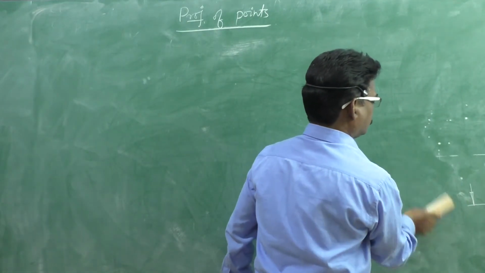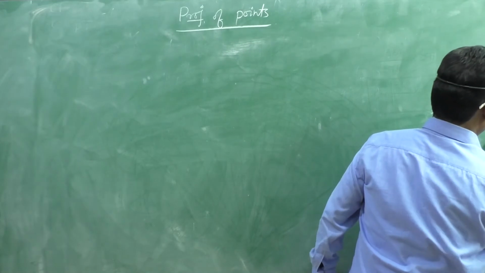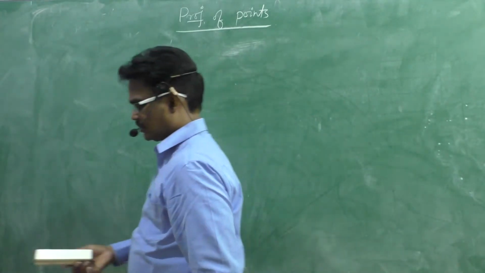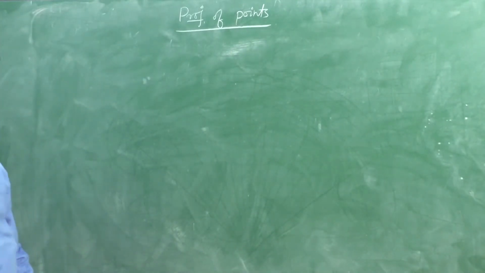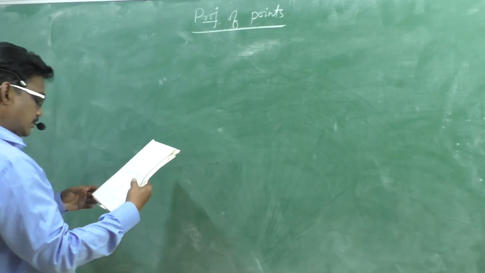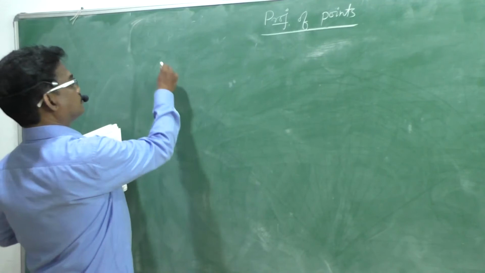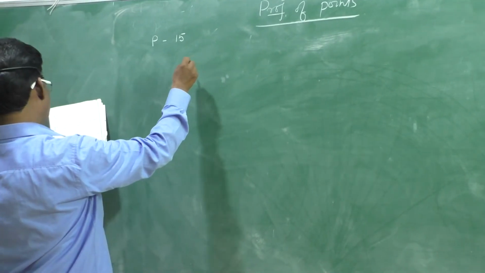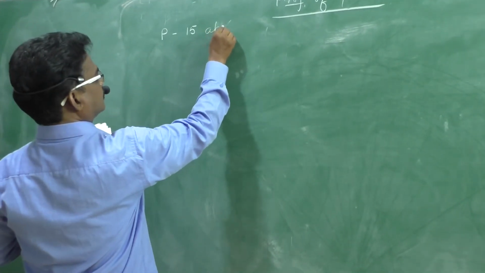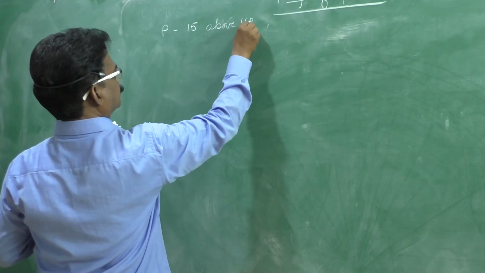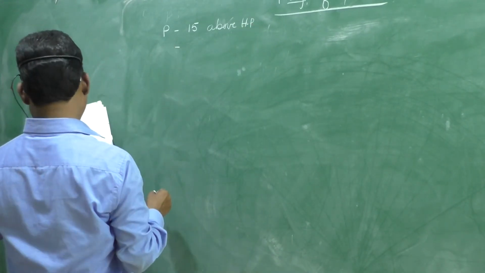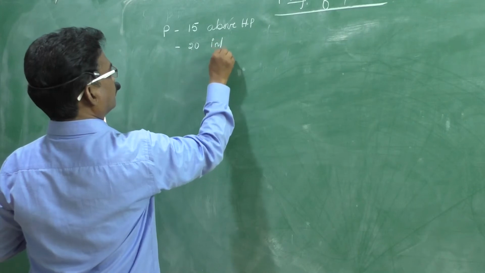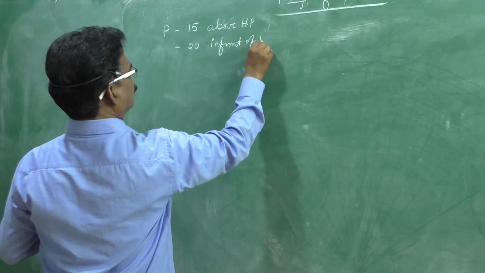Okay. Now we need to keep a distance between these two, and we need to draw the respective projectors. Now see, we can note the given data. Point P is 15 mm above HP and 20 mm in front of VP.